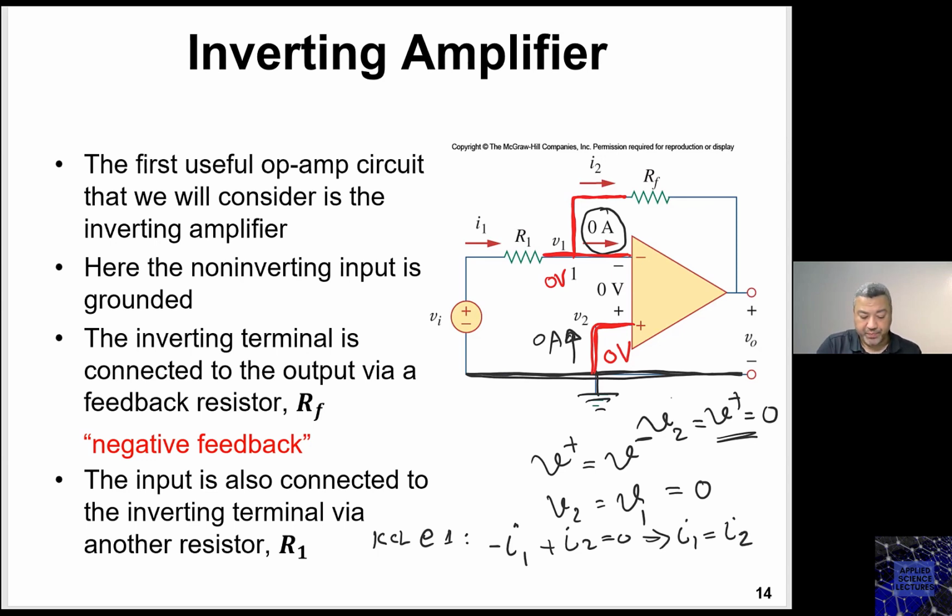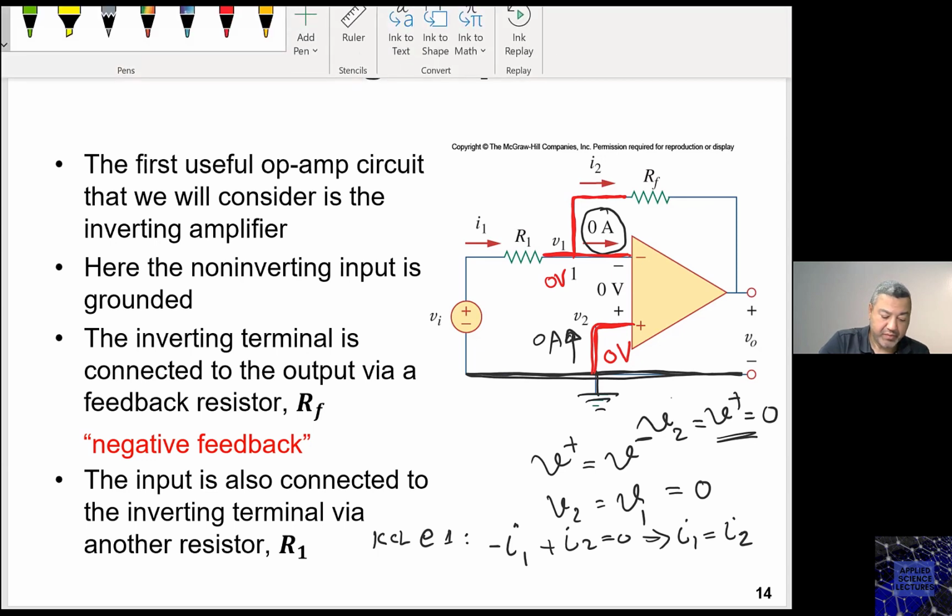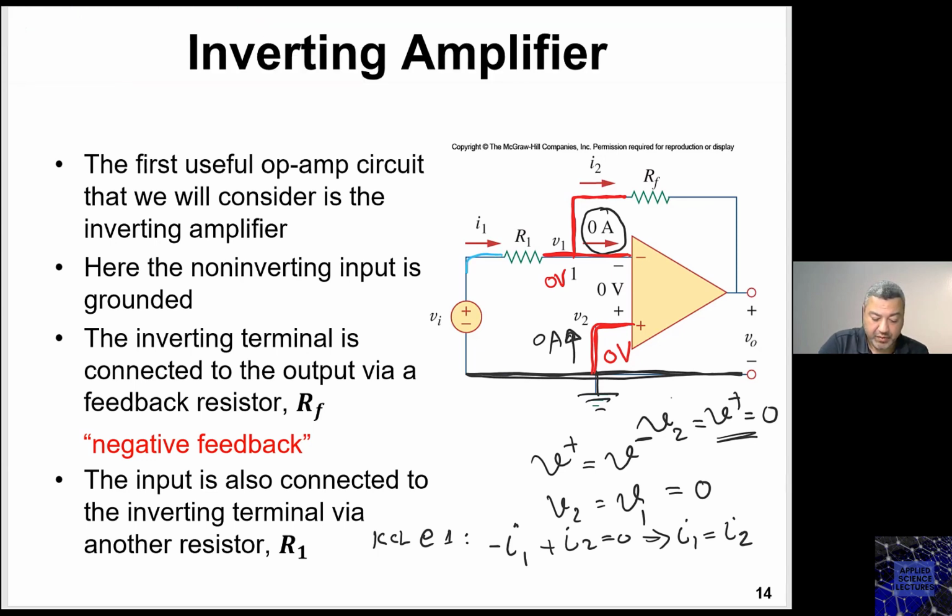What's I1? VI is the potential at this node. What is the potential at this node? Remember, the other terminal of the VI is connected to the ground. So the voltage here is VI.